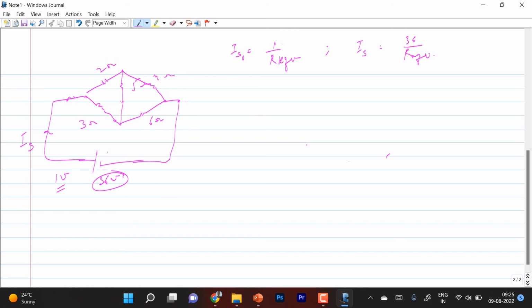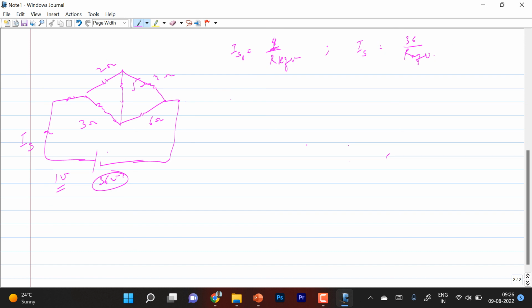Why did you choose 1? Just to simplify calculations. The voltage can be anything, right? So you use the unitary method and figure out the R equivalent for a unit voltage, and the R equivalent will remain the same. Then you do it for the 36 volt and figure it out.